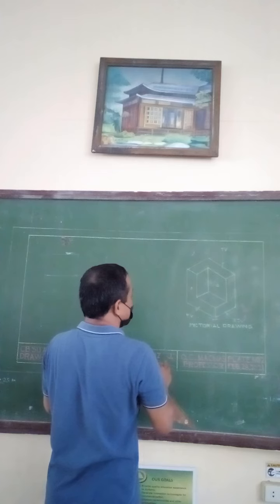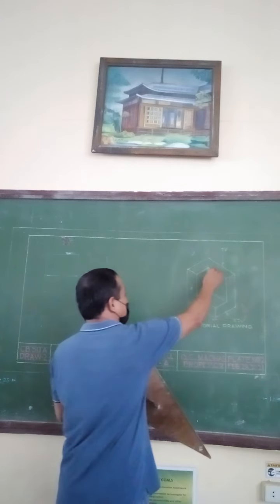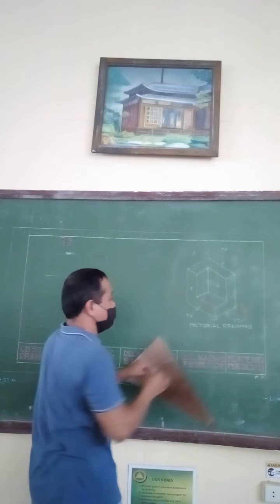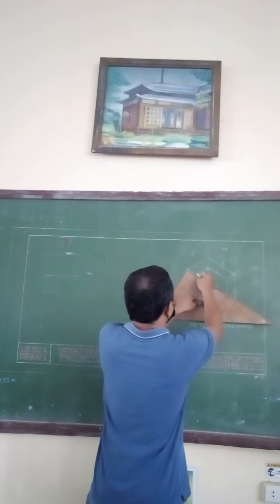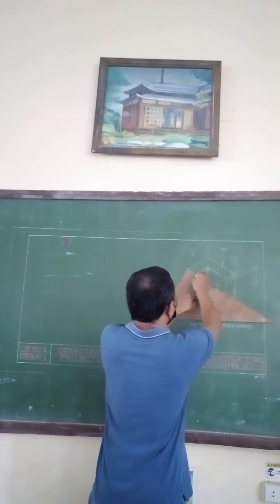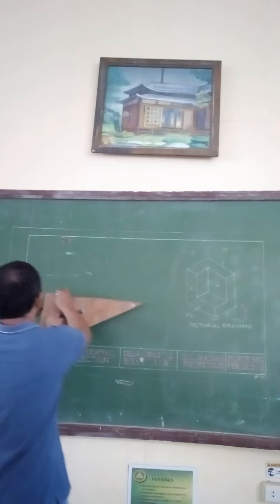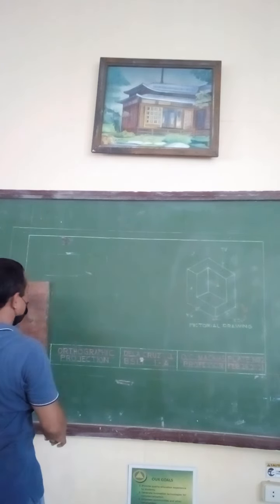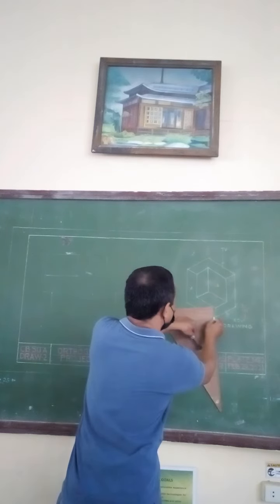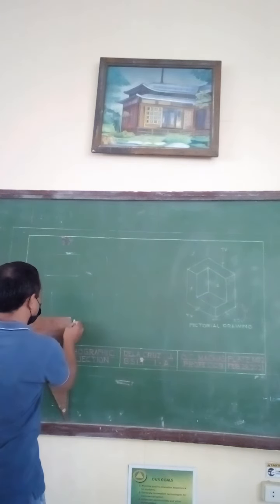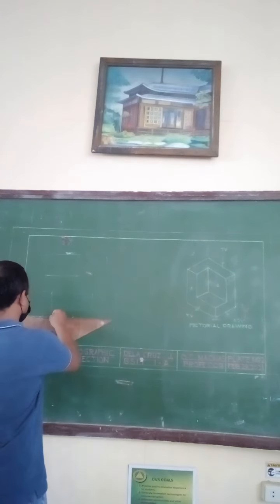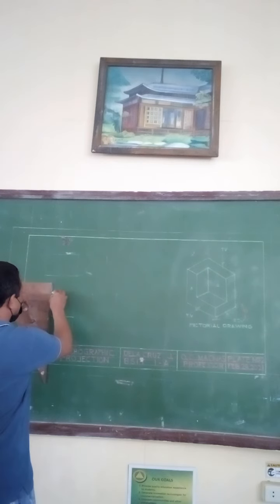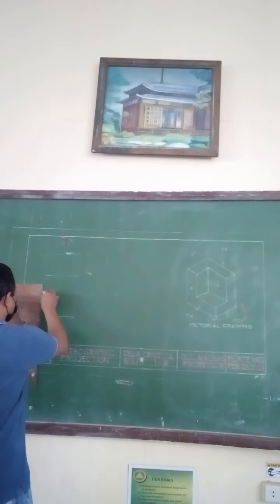As we see, that is an L shape and a square shape. So therefore, we have to look first at the width, the minor length, and transfer it here. Minor height, transfer it here. Then this is now the L shape of the front view.